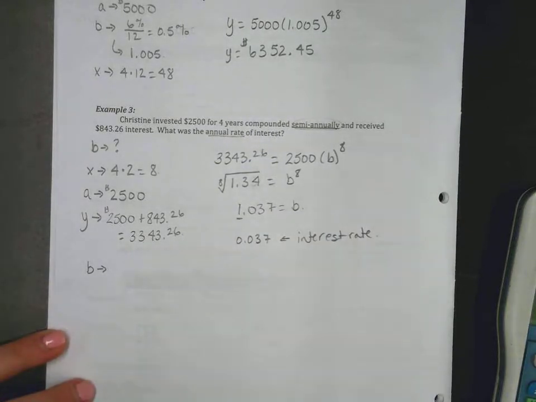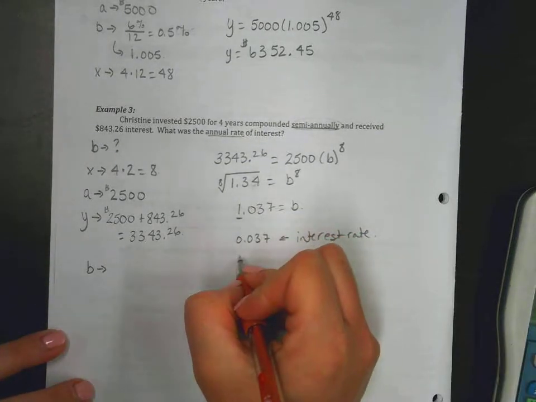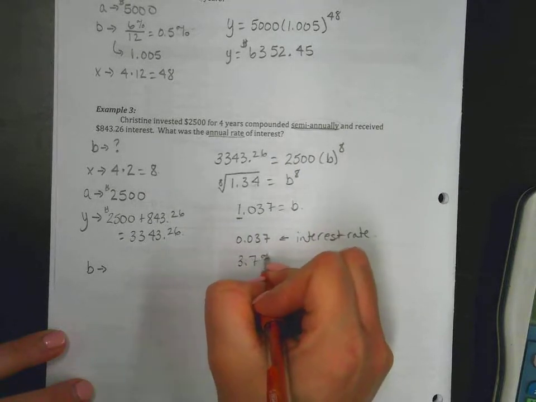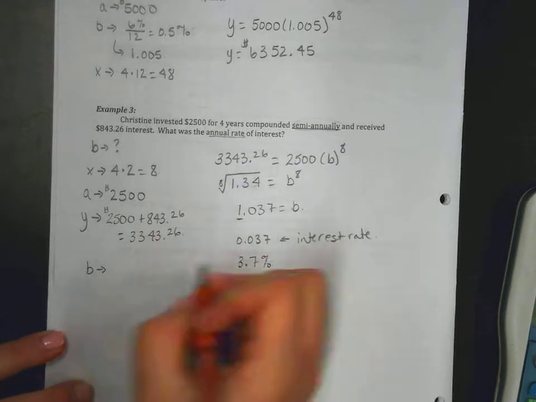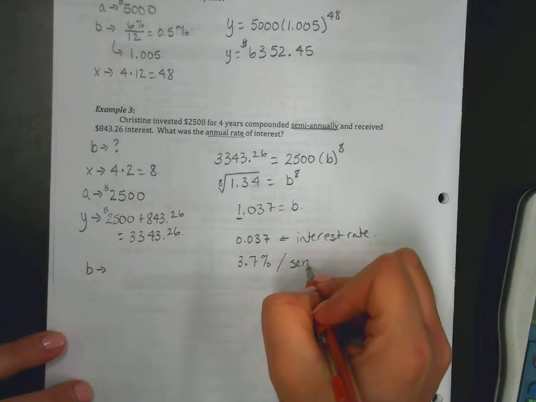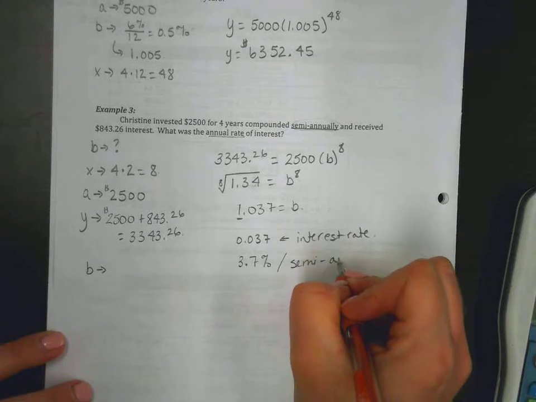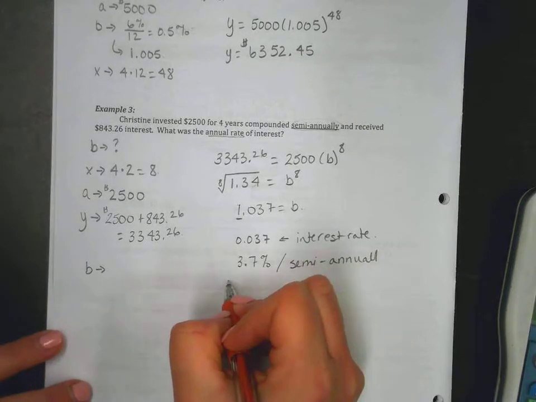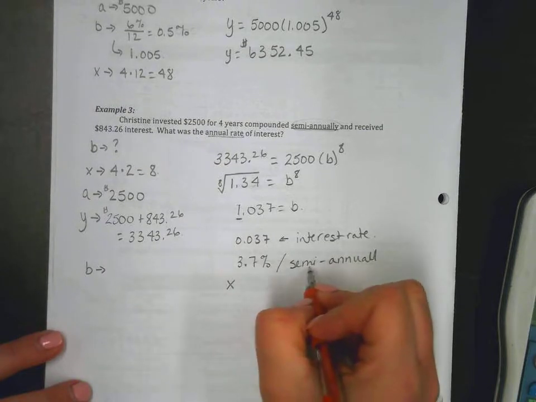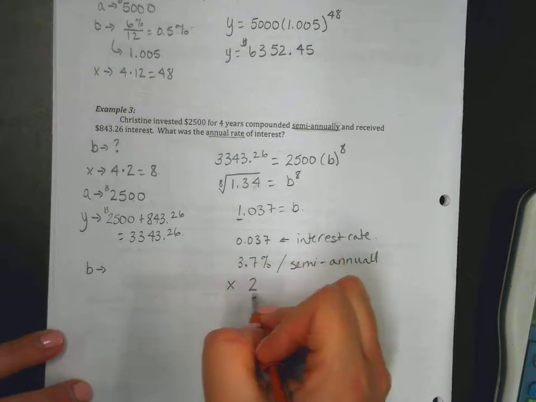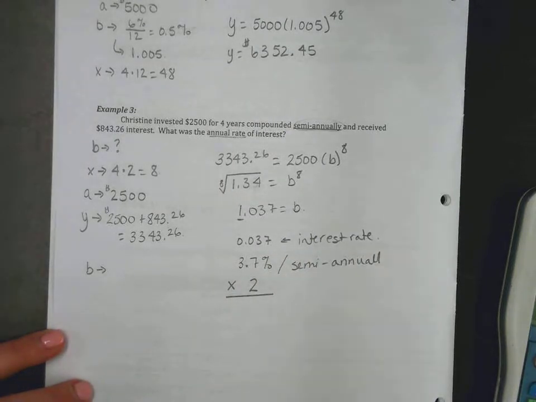But remember, this would be per semi-annual. This is the semi-annual rate. So what I need to do is multiply, because semi-annual is twice per year, I'm now going to multiply that by 2 to get my annual interest rate, which is 7.4% per annum.